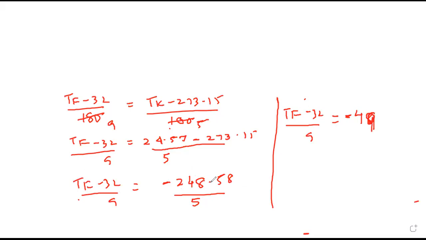Remainder is 3, so 5 into 7, 35. 5 into 1, 5. Remainder will be 3. 5 into 6 is 30.